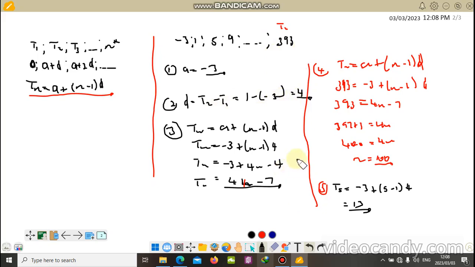So let's solve a question of this type. But before we do that, let me quickly write something. What we did there, we were finding the terms: Tn equals a plus (n minus 1)d.